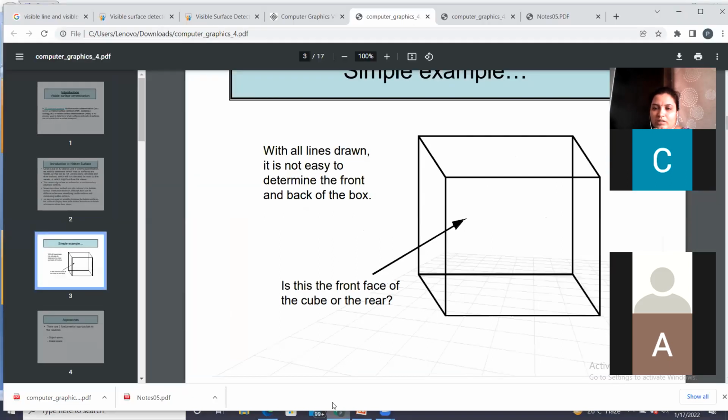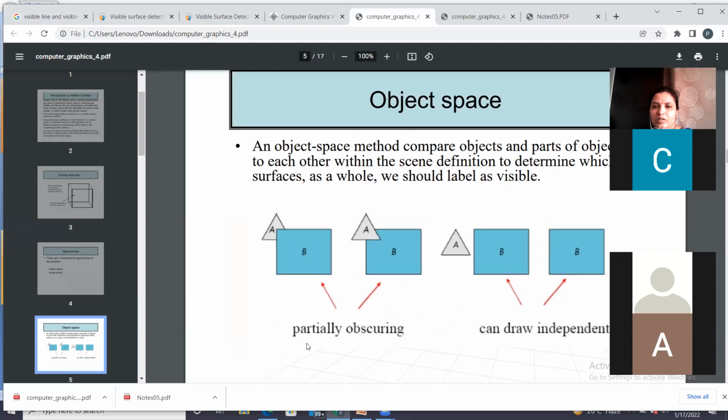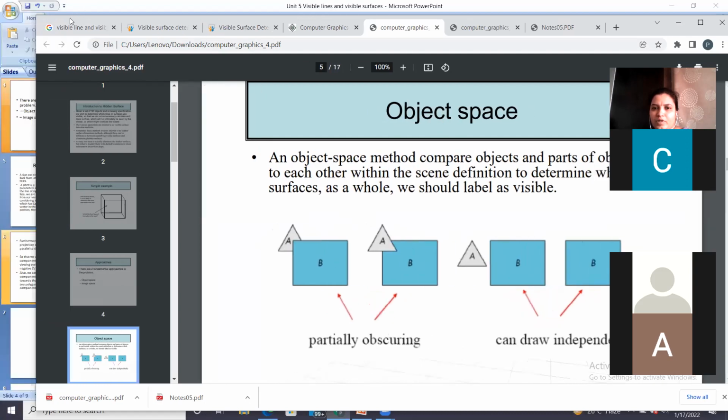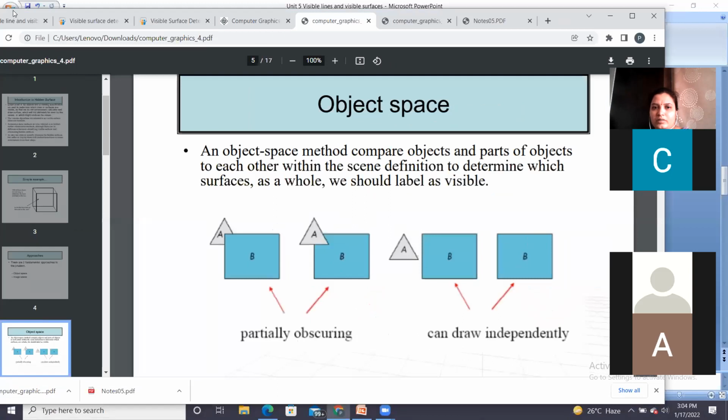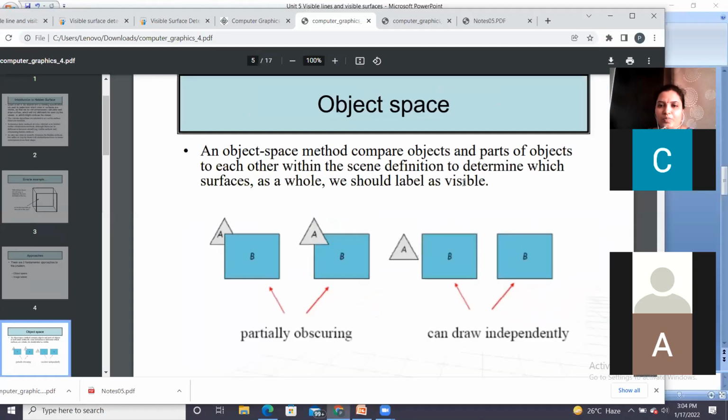So again, we can see the diagram of those. Yes. So the object space method compares the objects and parts of the objects to each other.